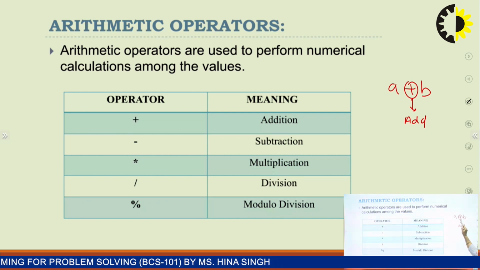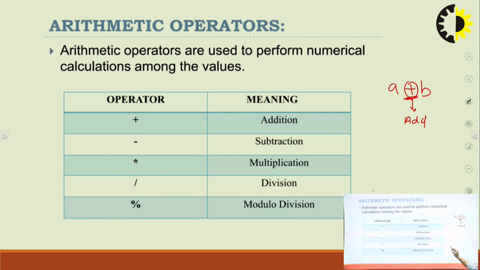Now this is an arithmetic operator, one of the arithmetic operators, right? So addition we all know, subtraction we all know, multiplication we all know, division we all know, modulus. Modulus is like when you divide X, let's say, by some variable Y, then the remainder comes here. Okay? Here comes the remainder.